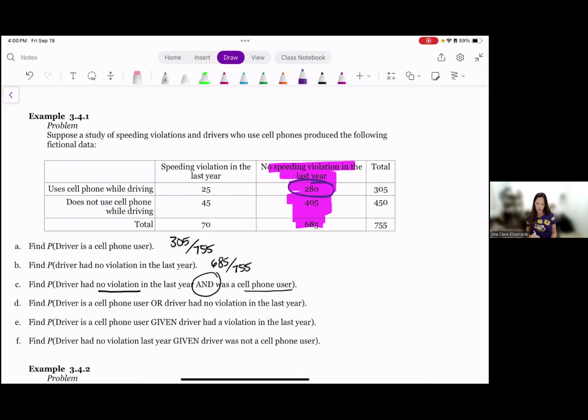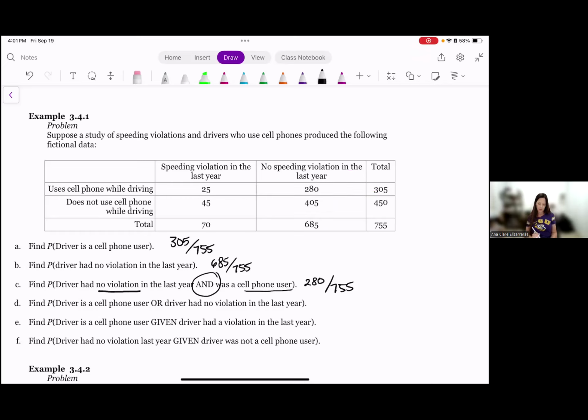But that was the 280. It's where these two intersect. There are 280 that were users of cell phones and had no violation out of 755. So "and" is where the two intersect on your two-way table. It's like Battleship. Your row and your column come together. That is where the intersection occurs.